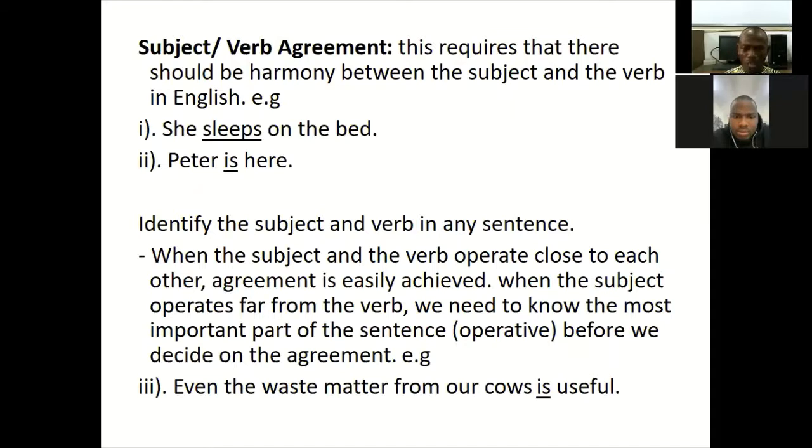But we need to be very, very cognizant, especially when the subject is a little far away from the verb. For example, when I say, even the waste matter from cows is useful. The subject is waste matter and not cows in this sentence. And that is why I am using is and not are.